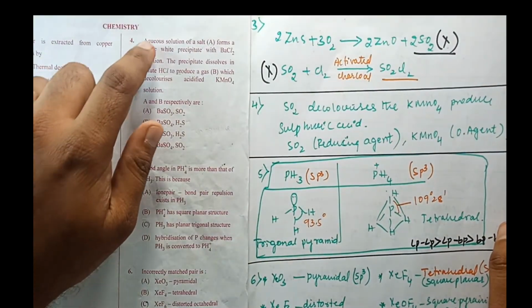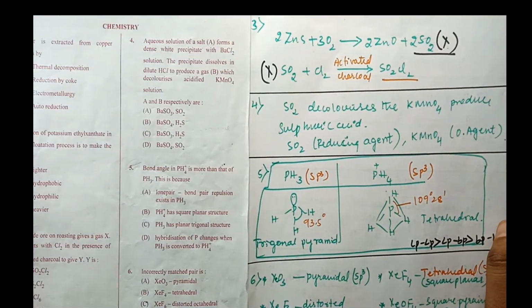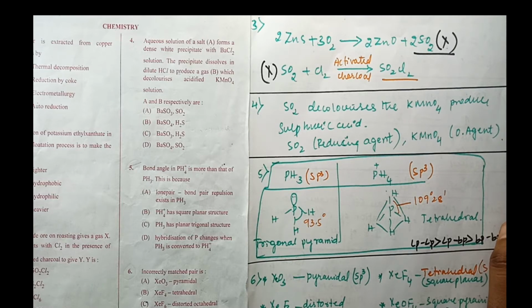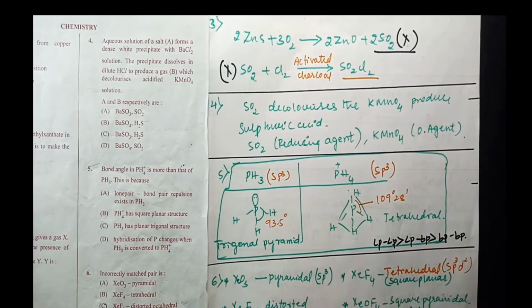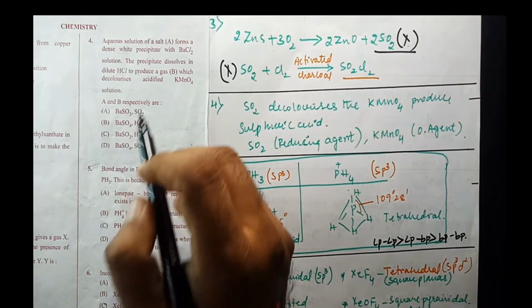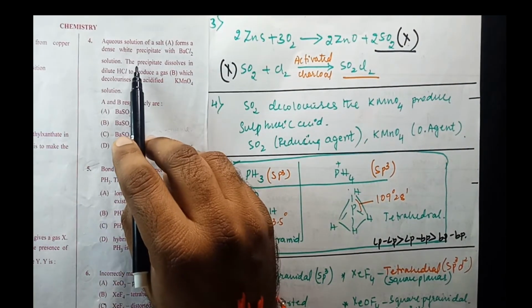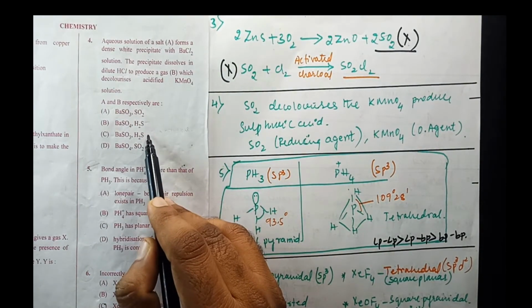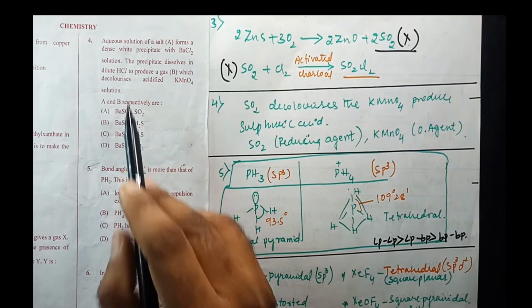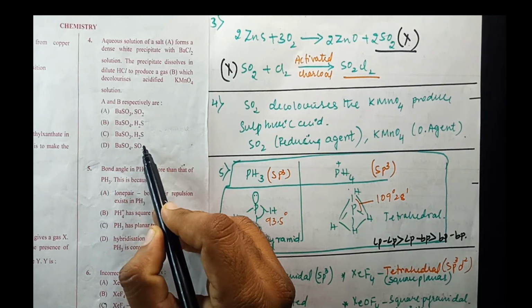Fourth question: an aqueous solution of salt A forms a dense white precipitate with BaCl2 solution. The precipitate dissolves in dilute HCl to produce a gas B which decolorizes acidified KMnO4 solution. For this question you must have practical knowledge, friends. Look here, the precipitate formed dissolves in dilute HCl. BaSO4 is insoluble in dilute HCl, so options B and D are eliminated.